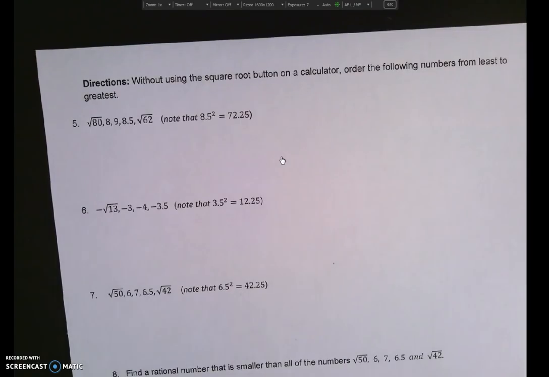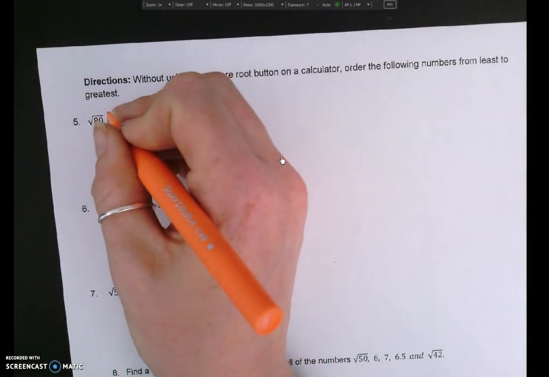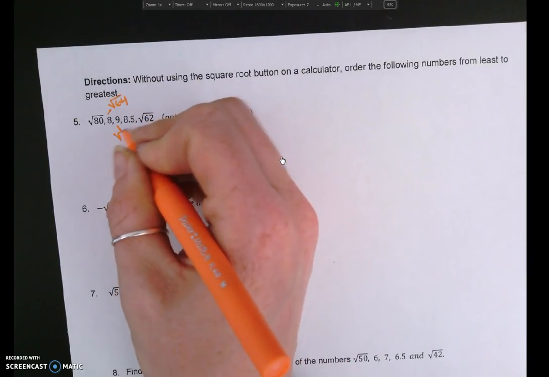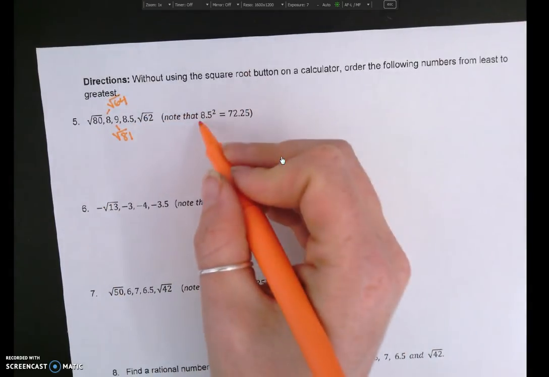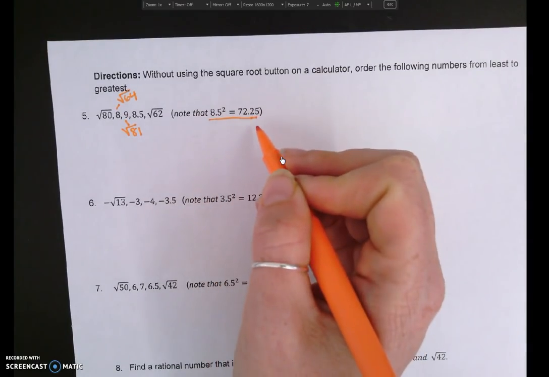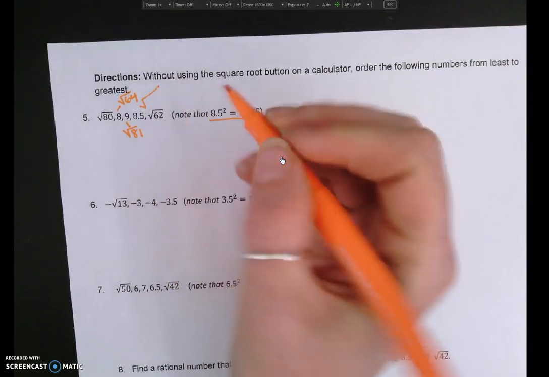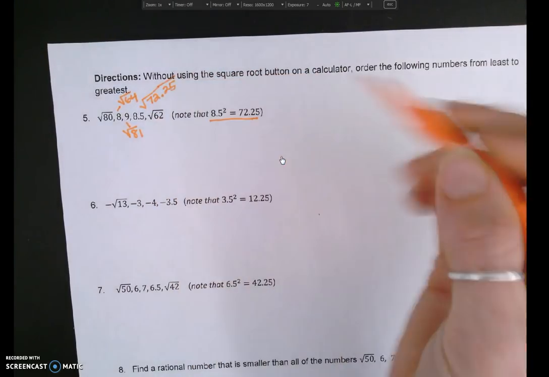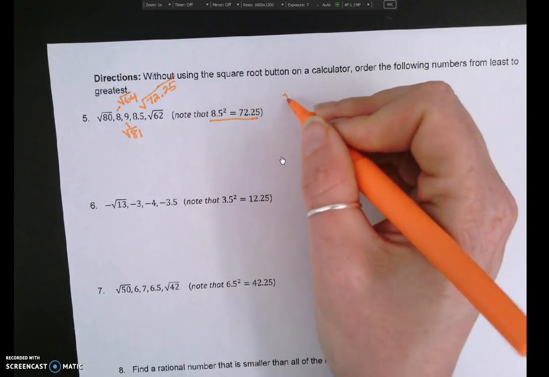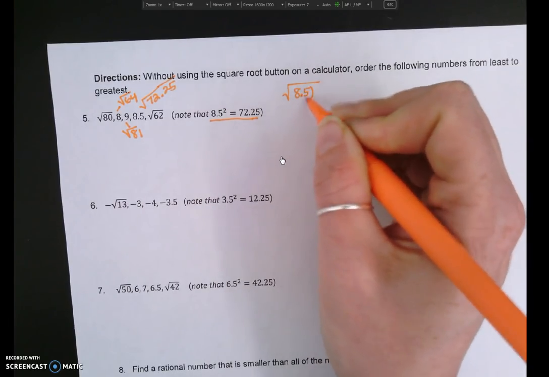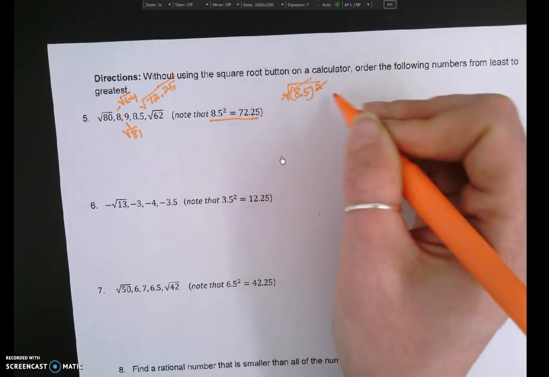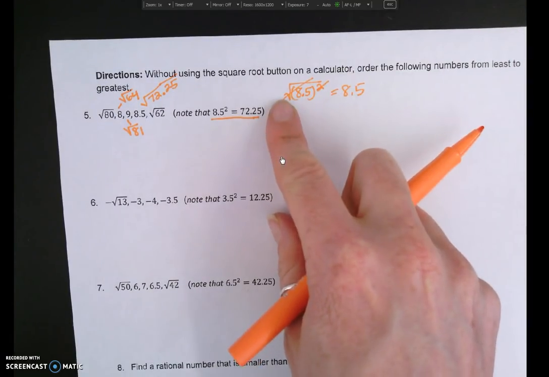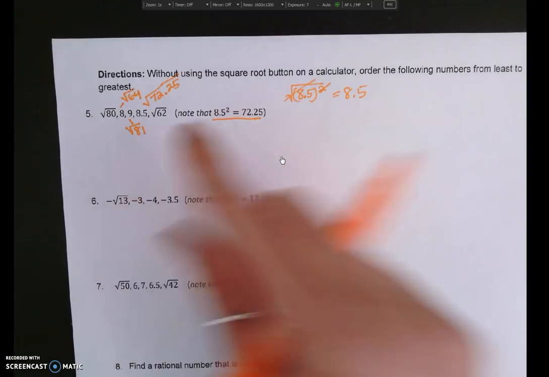It looks like this might be simpler to write them all as radicals. 8 is radical 64. 9 is radical 81. And notice it tells me here that 8½ squared is 72.25. So this is the square root of 72.25. And remember, this is because square rooting and squaring are inverse operations. So if I square and take the square root, I'm really not changing the value of the number.